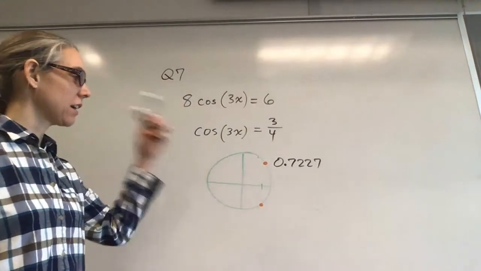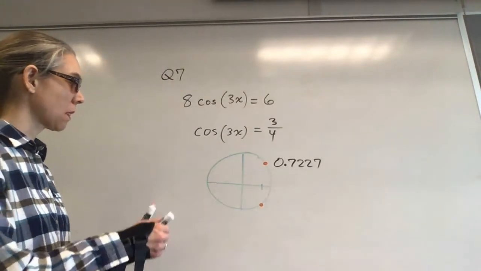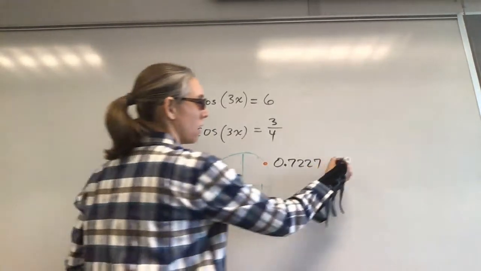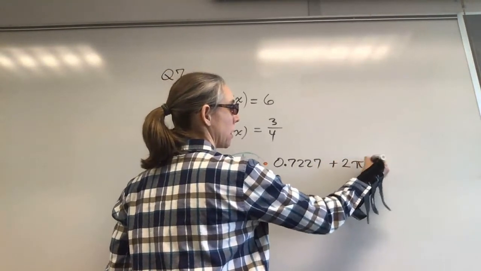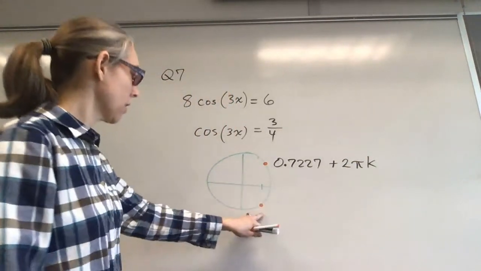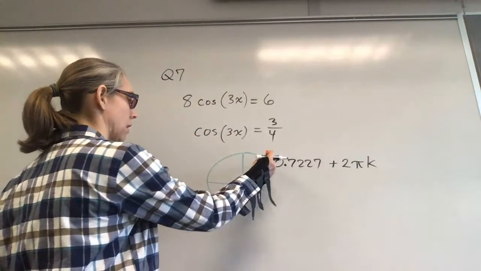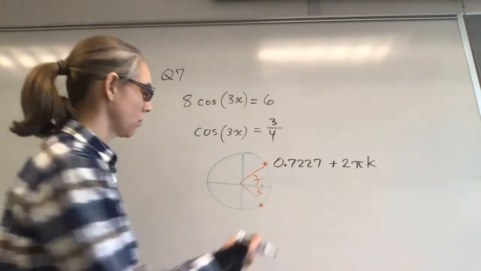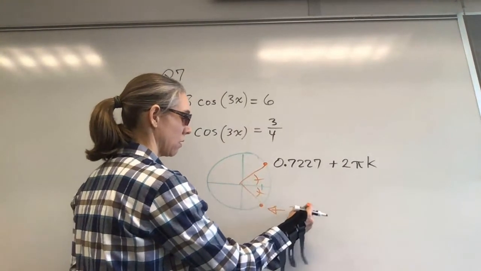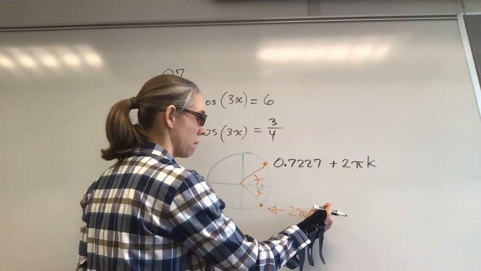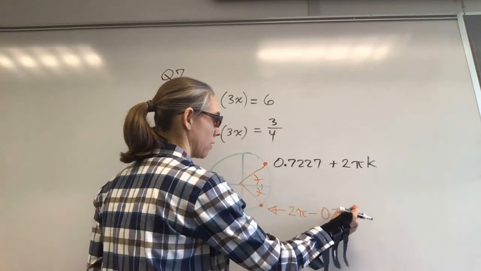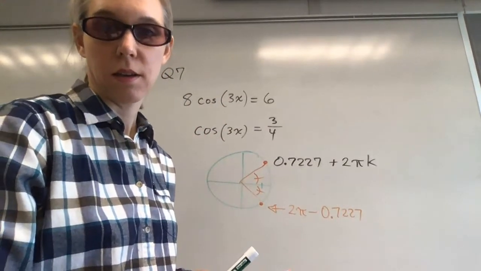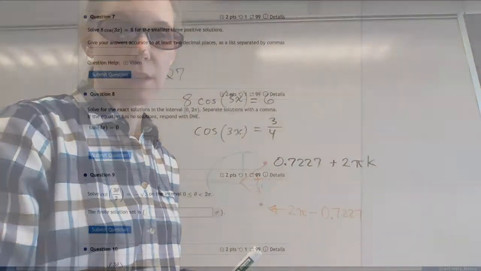Okay, so back here is your first answer. And then to get this other answer right here, and I would say plus 2 pi k. And to get your other answer back here, since this angle right here is congruent with this angle right here, this one is going to be 2 pi minus 0.7227. So I'll go ahead and go back to my scientific calculator.